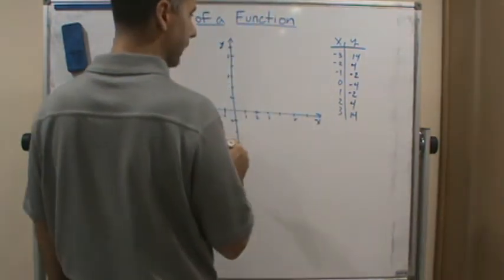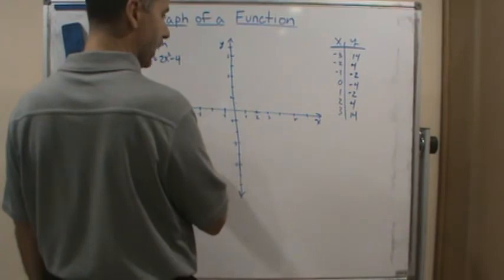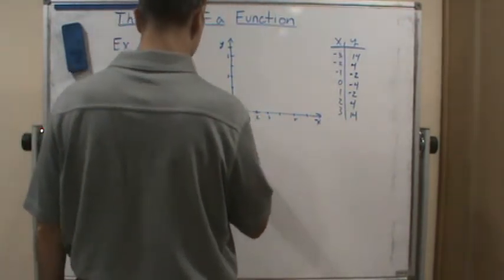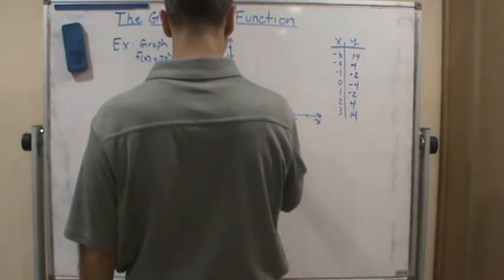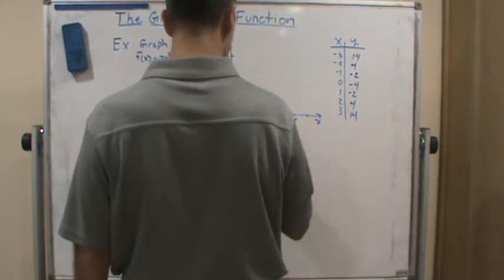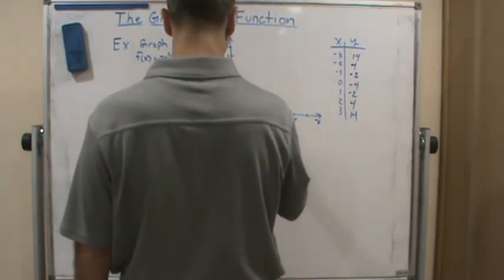So what do we got? Well, we're not going to plot 3 comma 14, so let's go to -2, 4. So we can plot -2, 4. And then -1, -2.